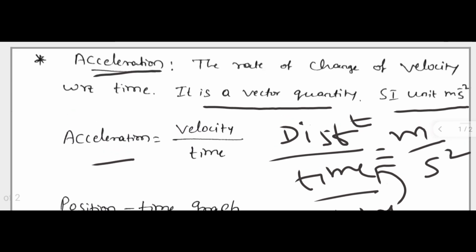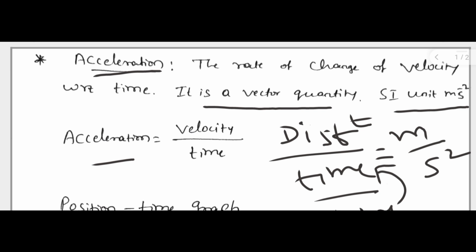In acceleration we can observe two types: instantaneous acceleration, which means acceleration at an instant of time. For 1 second how much is the acceleration, and for 5 seconds what is the acceleration value. Like that, the acceleration at each instant is known as instantaneous acceleration.